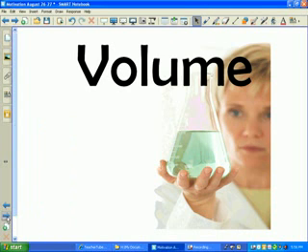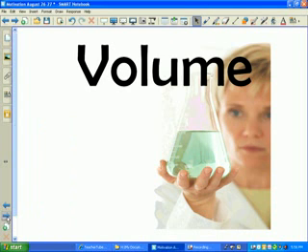The other word is volume. You see this word a lot in geometry. Find the volume of the cylinder. Find the volume of the cube. But what is volume? A lot of people get volume and mass mixed up. Volume really deals with how much space is being taken up in an object.